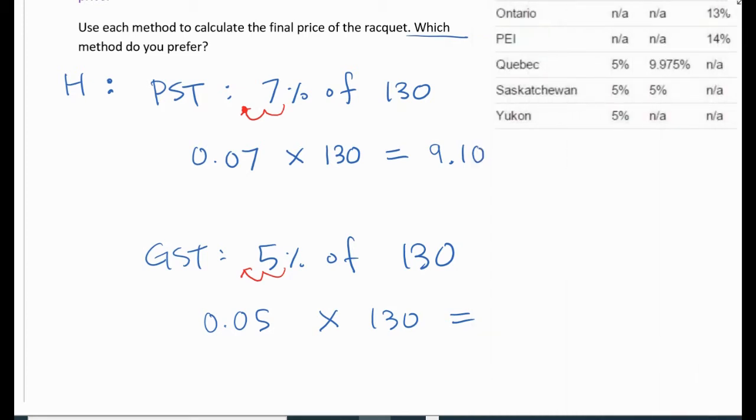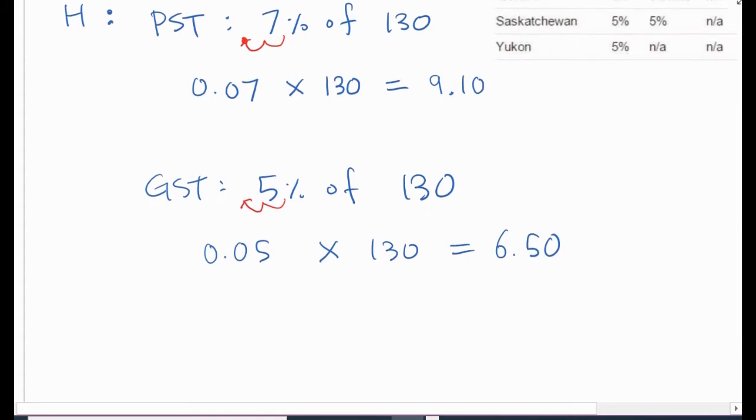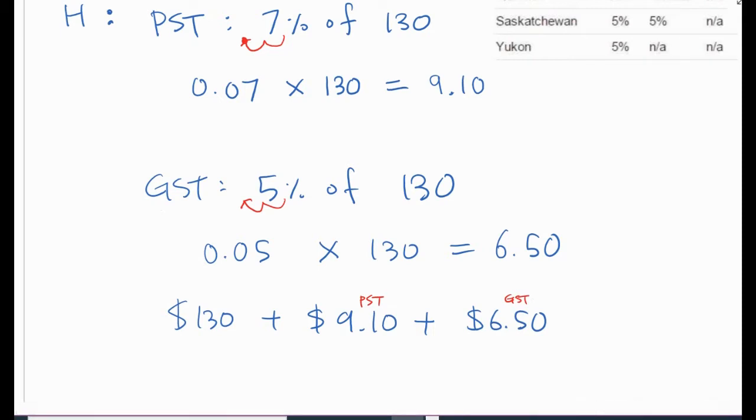So that is 6.50. Okay, the original price is $130, plus we're going to add $9.10 and $6.50. So, this is PST and this is GST. Add them up and see what we get.